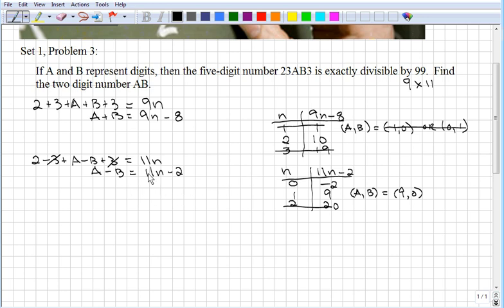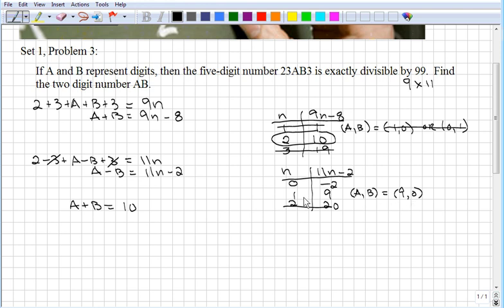Okay, so that leaves us one possibility left here. We know that the sum of the digits has to be 10, so A plus B equals 10. And if we want the difference of the digits to be 9, then A and B would have to be 9 and 0, which is not going to satisfy the condition where the sum of the digits has to be 10, because if we sum these digits, we get 9.